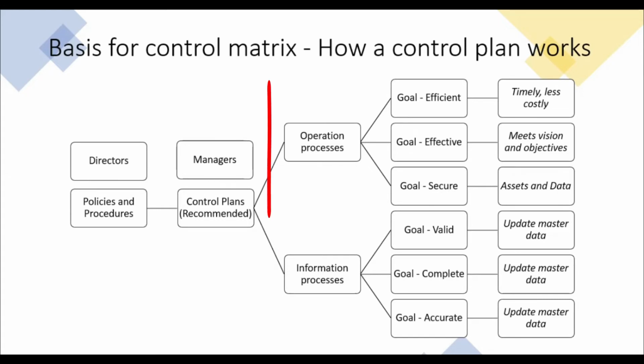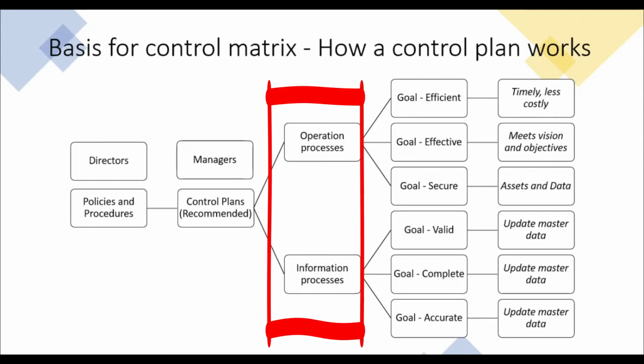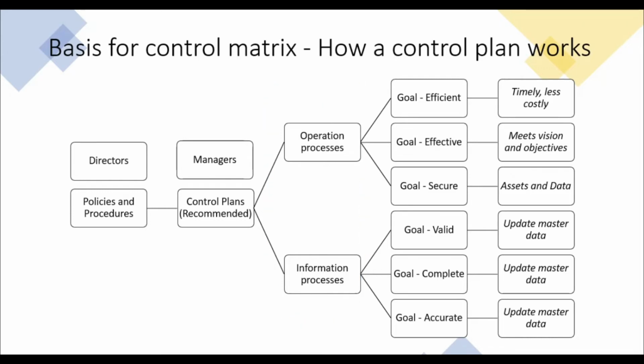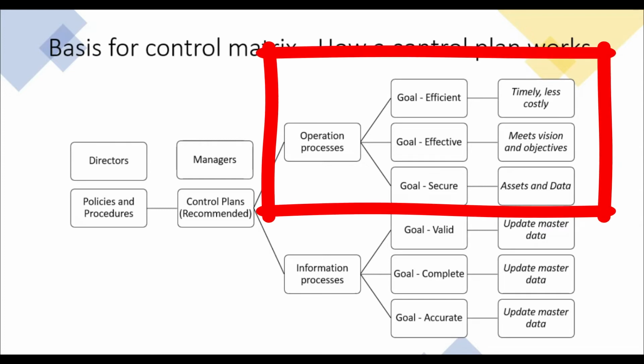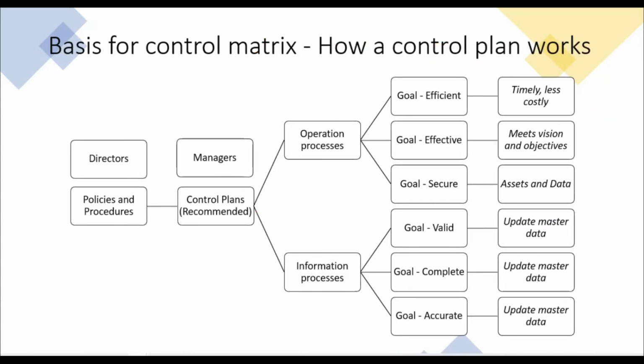There are operation processes and information processes. And these operation processes have three goals: to be efficient, for example, be timely and less costly; to be effective, to meet the vision and objectives of the enterprise; to secure assets and data.